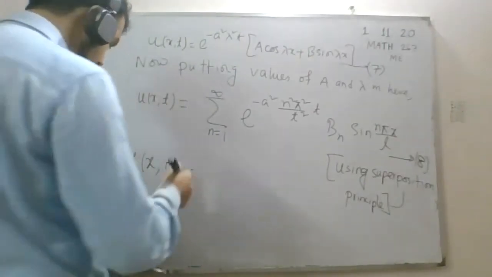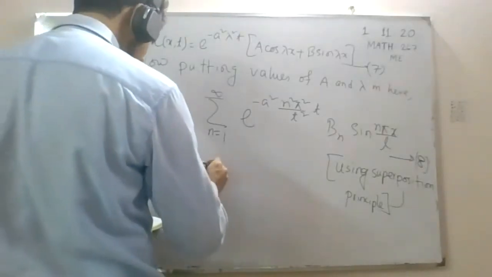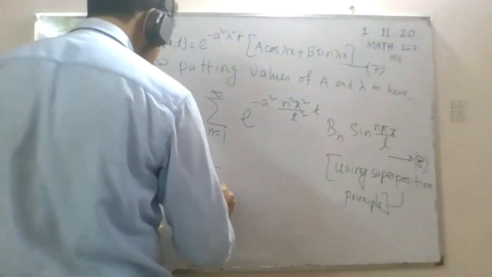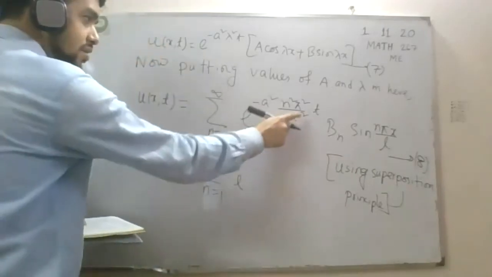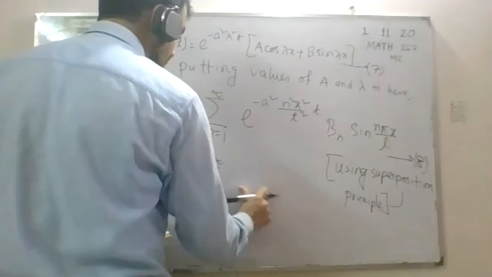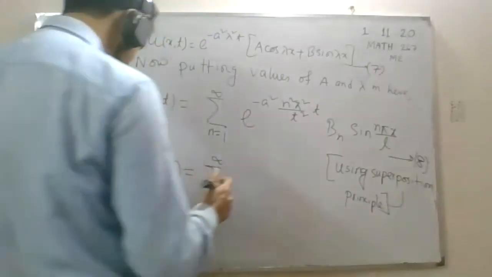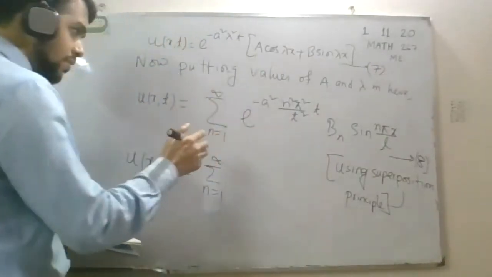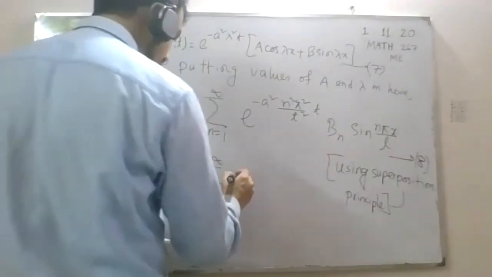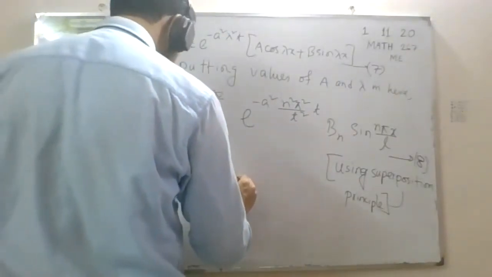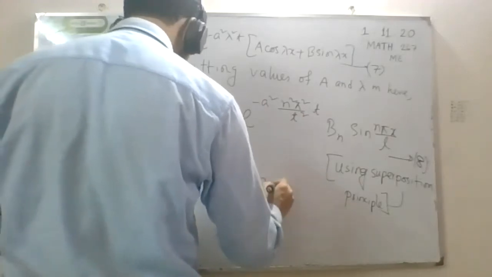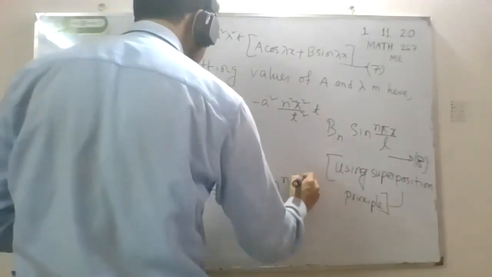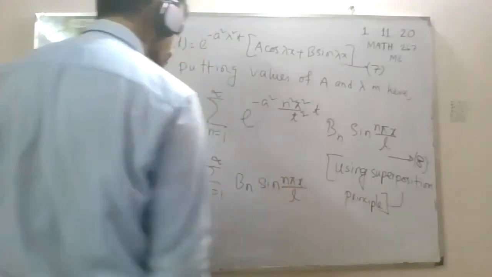So here u(x, 0) means summation n equals 1 to infinity, e to the power minus, here t equals 0, so this is e to the power minus something times t, that means 1, okay. And from there you can say only b_n sin(n pi x / l), okay.